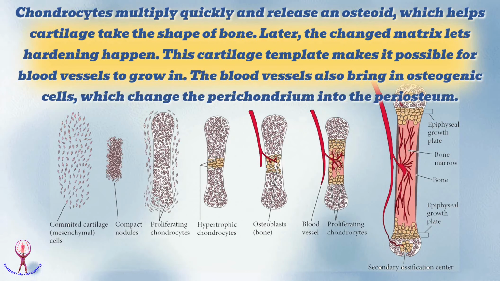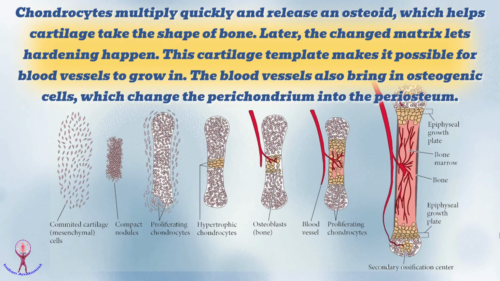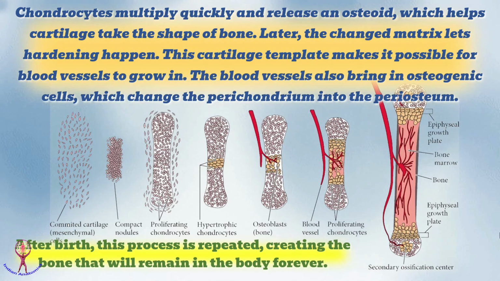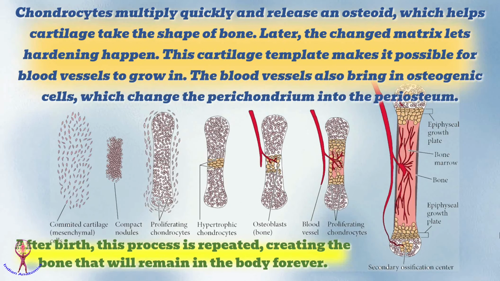This cartilage template makes it possible for blood vessels to grow in. The blood vessels also bring in osteogenic cells, which change the perichondrium into the periosteum. At last, after birth, this process is repeated, creating the bone that will remain in the body forever.